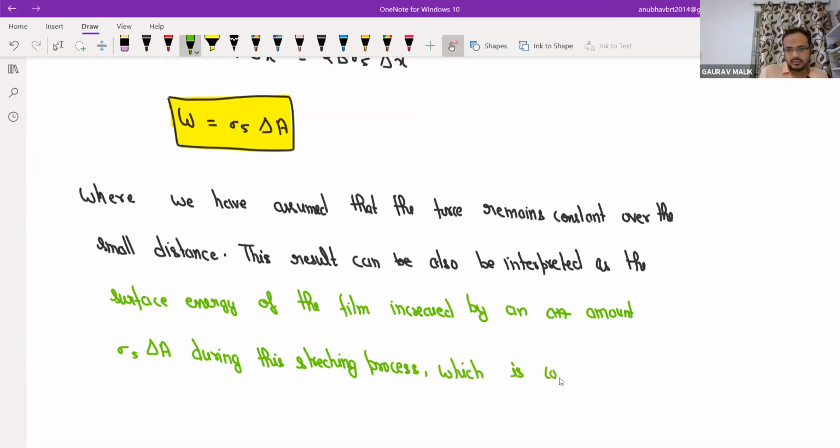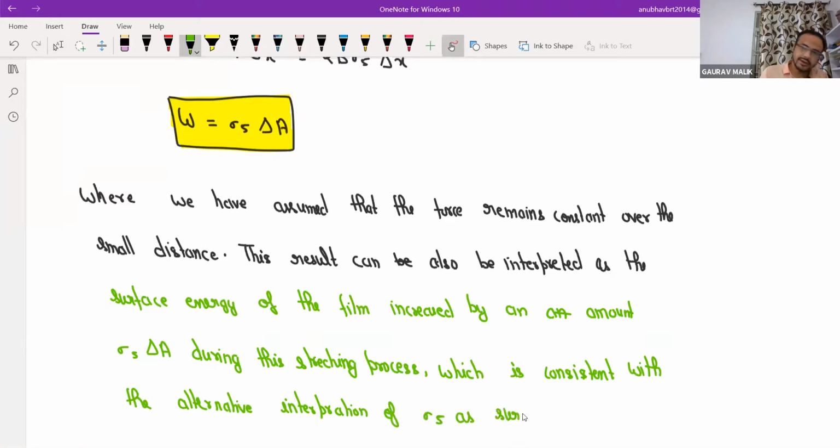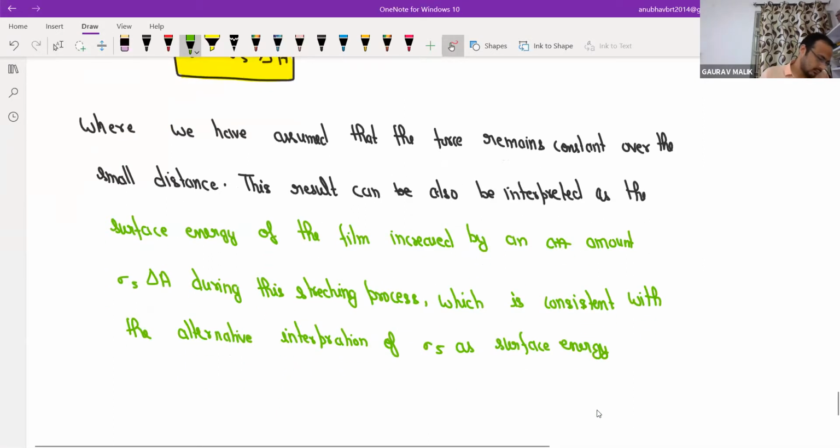Which is consistent with the alternative interpretation of sigma s as surface energy per unit area. Note down.